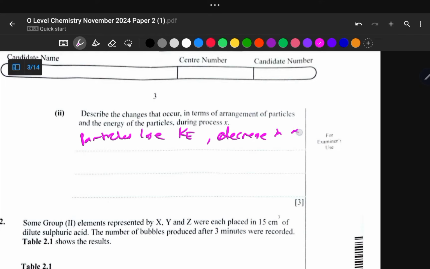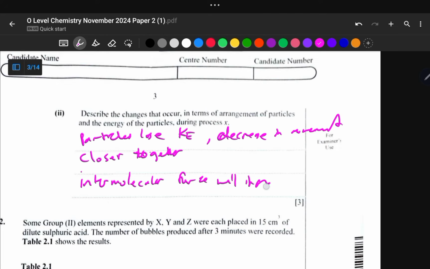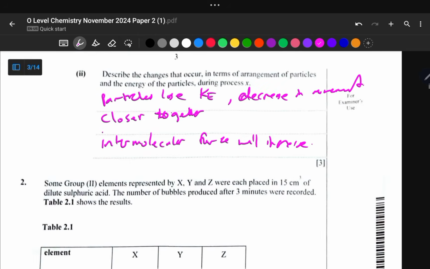Decrease in movement. And then the particles are going to be closer together. And then the intermolecular forces between the particles are going to increase, right? So the intensity of the intermolecular force will increase. So these are the changes that will occur.